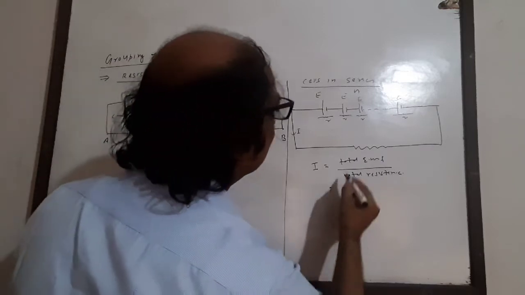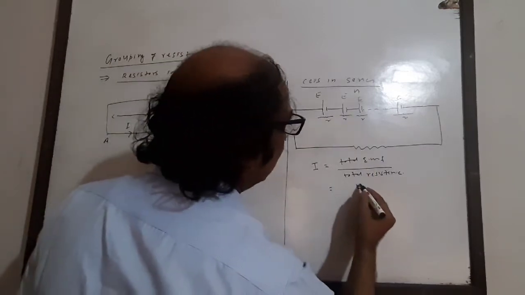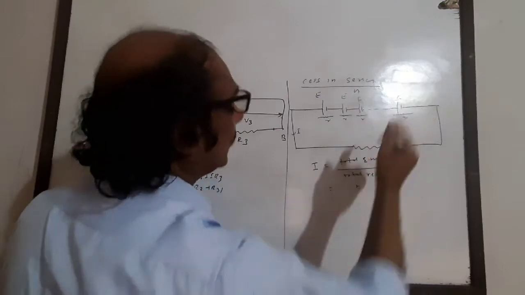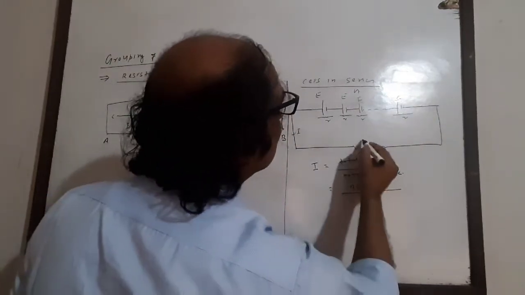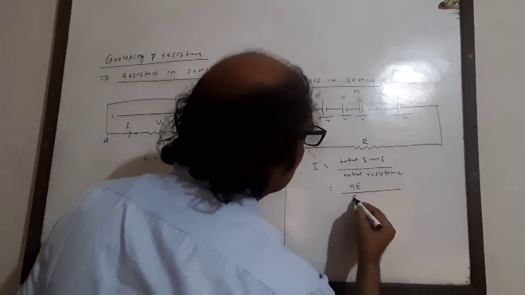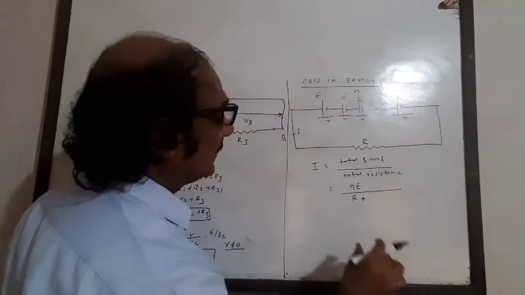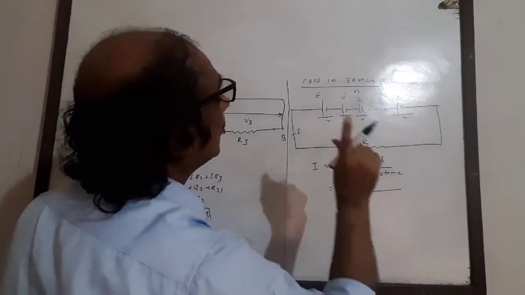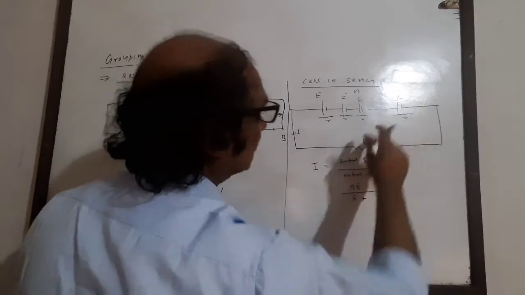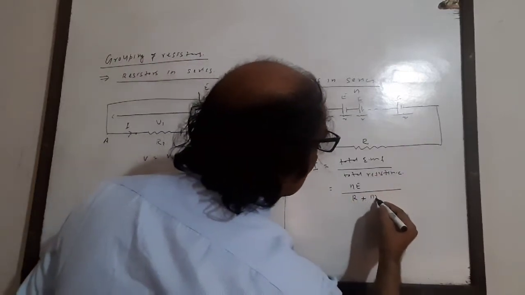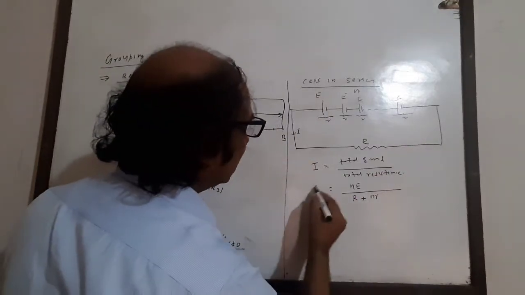The total EMF is nE, divided by the total resistance, external resistance plus internal resistance. The resistance of one cell is r, and n such cells are connected in series, so the internal resistance equals nr.